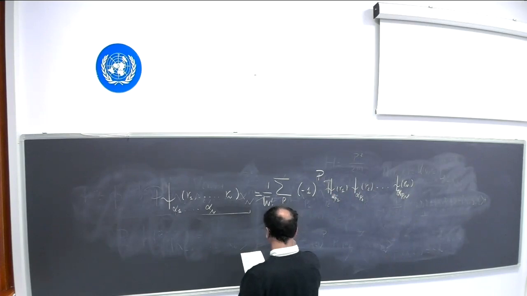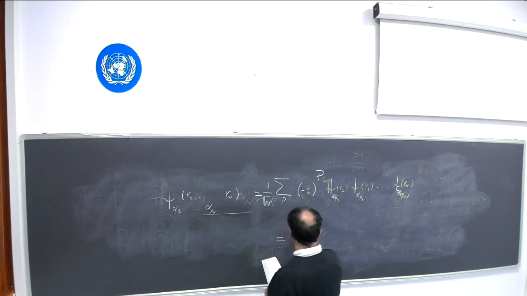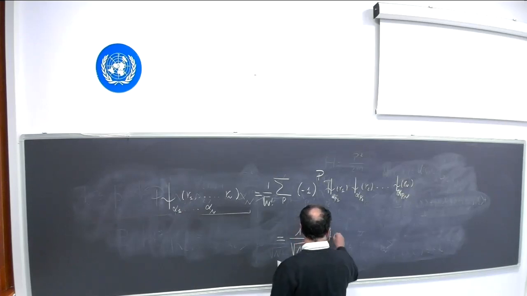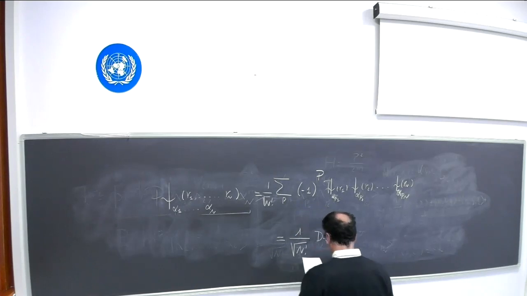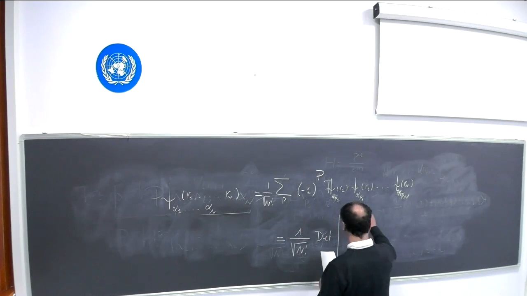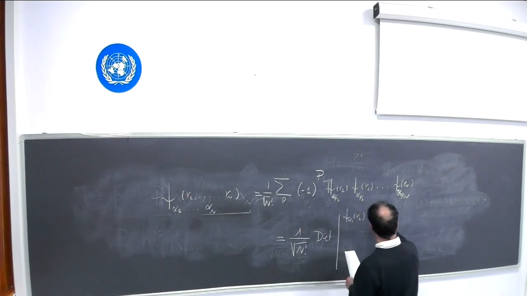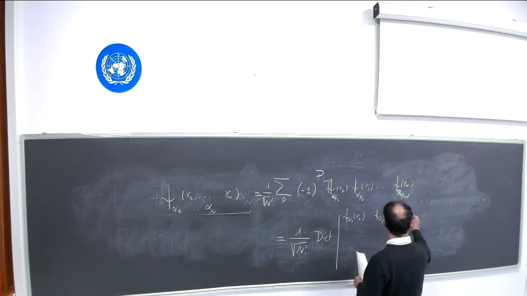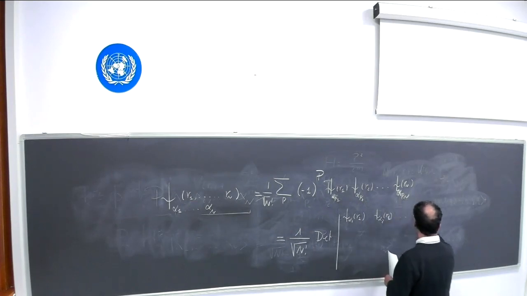This is nothing else than the way to compute the determinant. So you can always write it as 1 over square root of n factorial times the determinant of psi alpha 1 r1, psi alpha 2 r2, and so on.